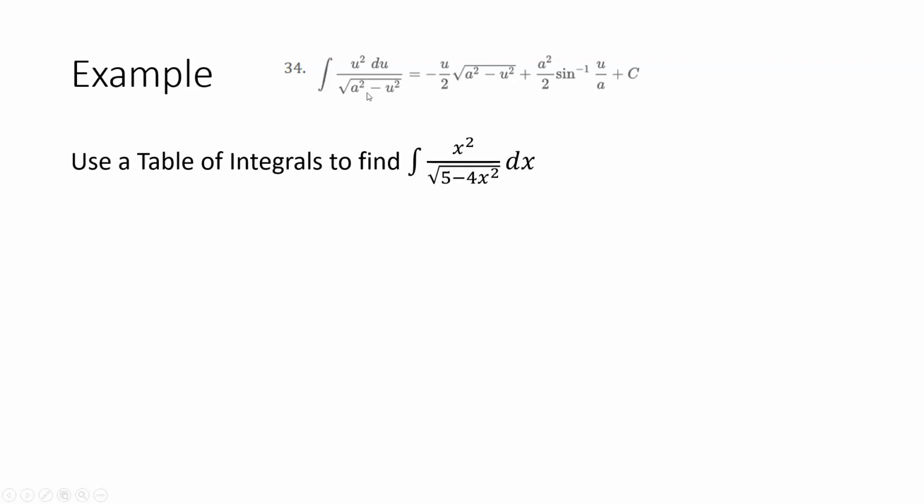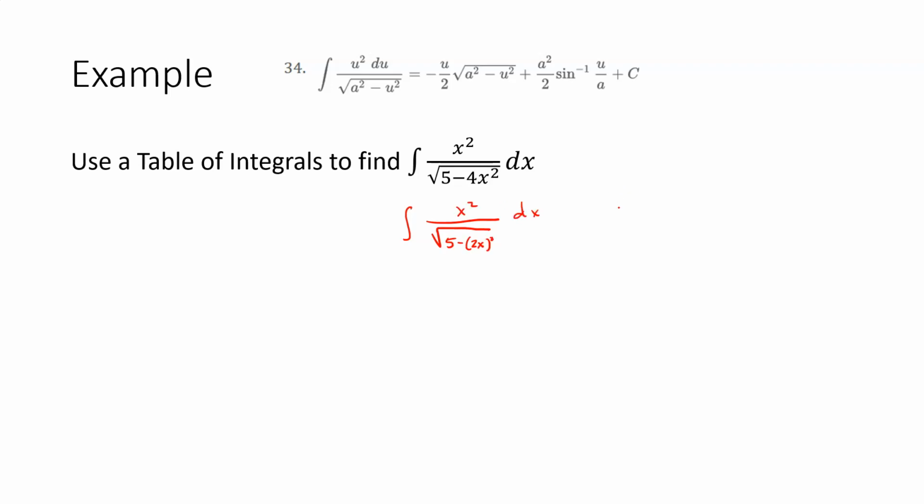Now it's not quite in the form, but we can do a little bit of manipulating to get it into that form. So the first thing I might do is rewrite it so that it's in the a squared minus u squared form down here. I would recognize that I need to let u equal 2x to get it into that form, because this is like 2x squared.